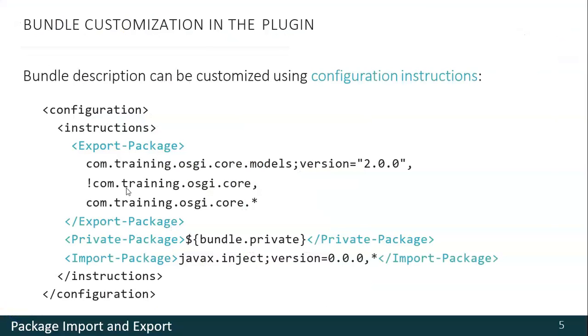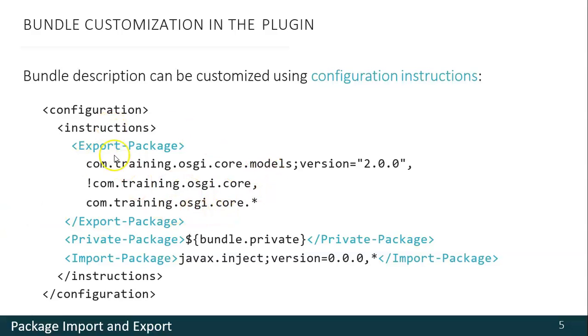Sometimes developers need to override the default logic and customize the bundle properties manually. That can be done using the plugin configuration instructions. We are currently on the package level, so we are interested in the instructions that export and import packages. The names of the instructions are pretty much self-explanatory.